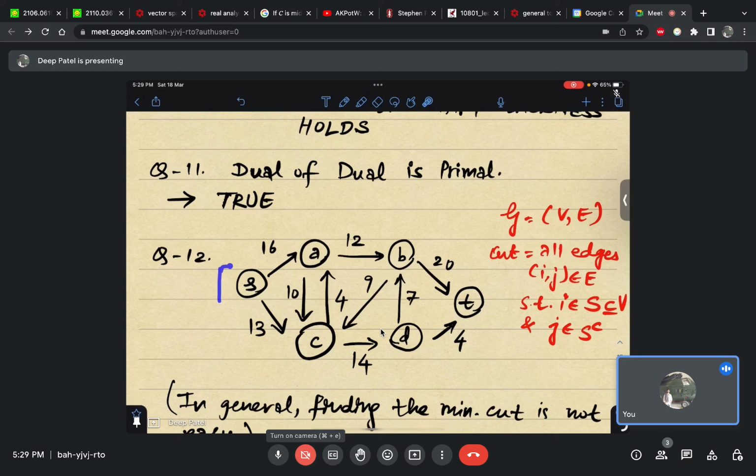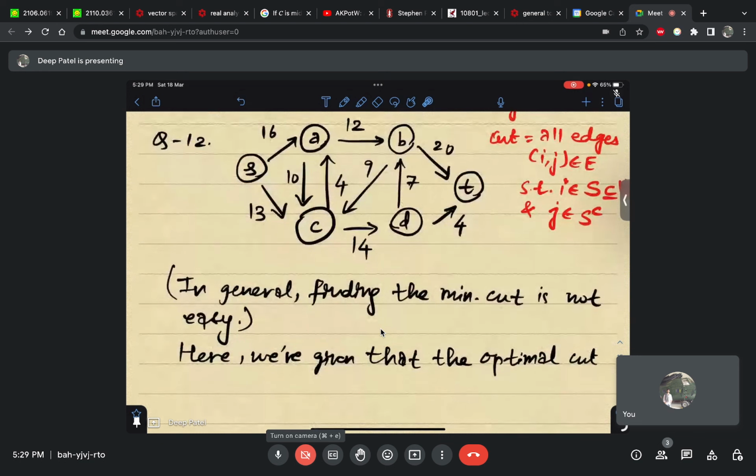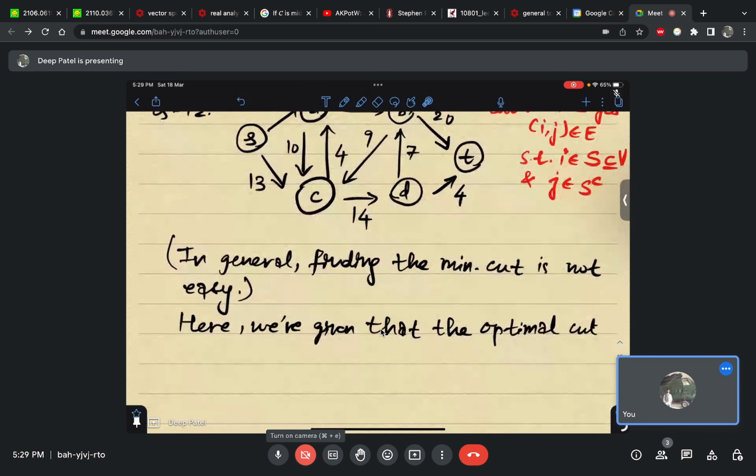For example, I would want to separate S and B from the set A, C, D, T. That's not like saying I put a cut like this or like this on the graph, right?